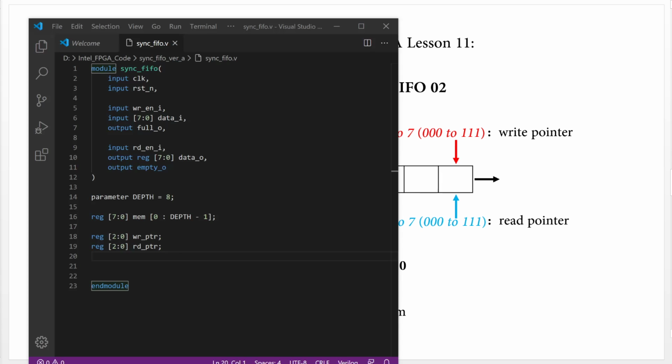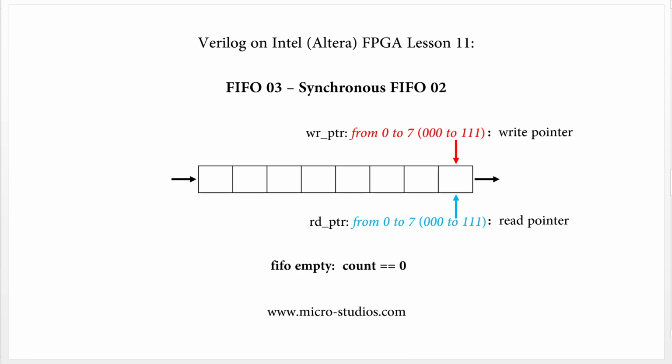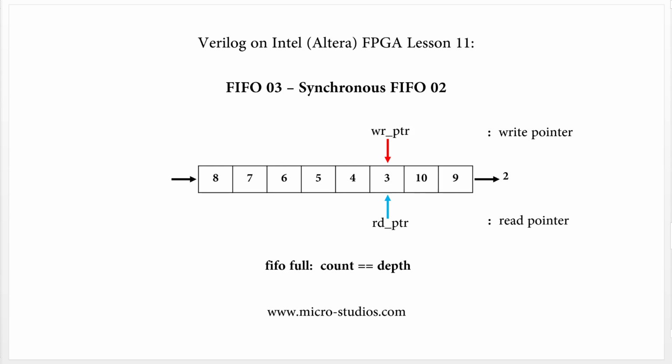Here we have a count variable to represent FIFO empty or FIFO full. We need to define this variable as a register from 3 to 0. You will wonder why it is from 3 to 0. Let's take a look. Here is FIFO empty, this value equals 0. Here is FIFO full, this value equals the depth.